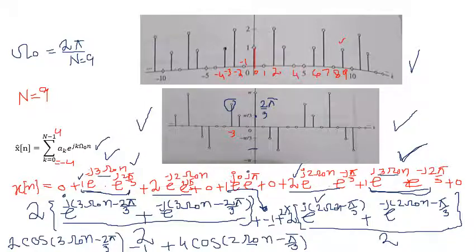So 3 multiplied by 2 pi by 9 is 6 pi by 9, and 2 times 2 pi by 9 is 4 pi by 9.